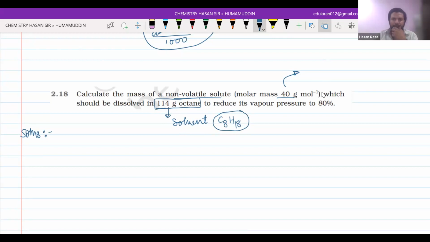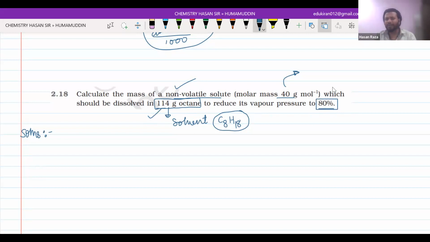Yes, sir. To reduce its vapor pressure to 80%. In the class, as I already explained, when you are going to dissolve non-volatile solute in a volatile solvent, the vapor pressure decreases. So you can see you added some non-volatile solute in a volatile solvent of 114 gram octane, and it reduces its vapor pressure to 80%.